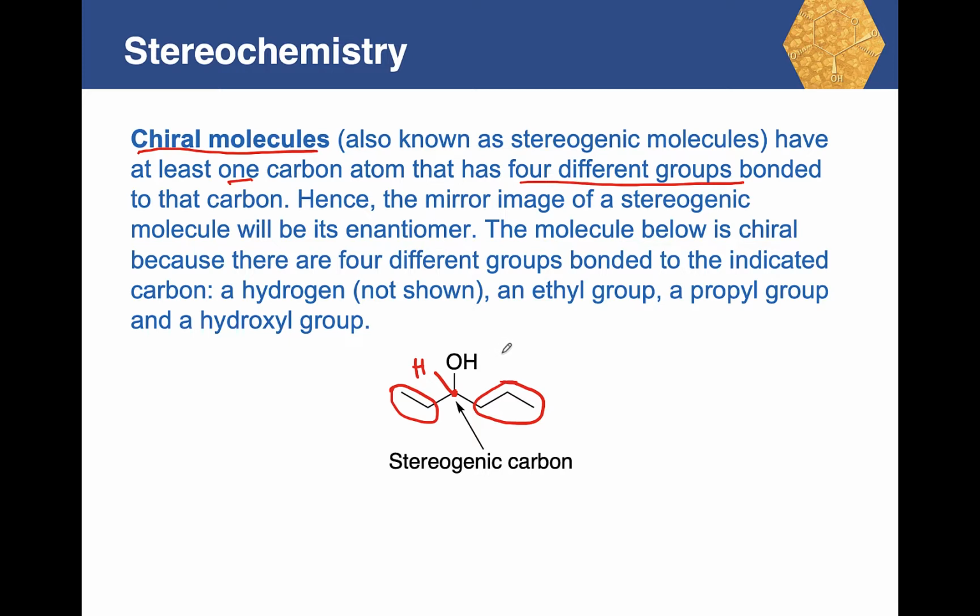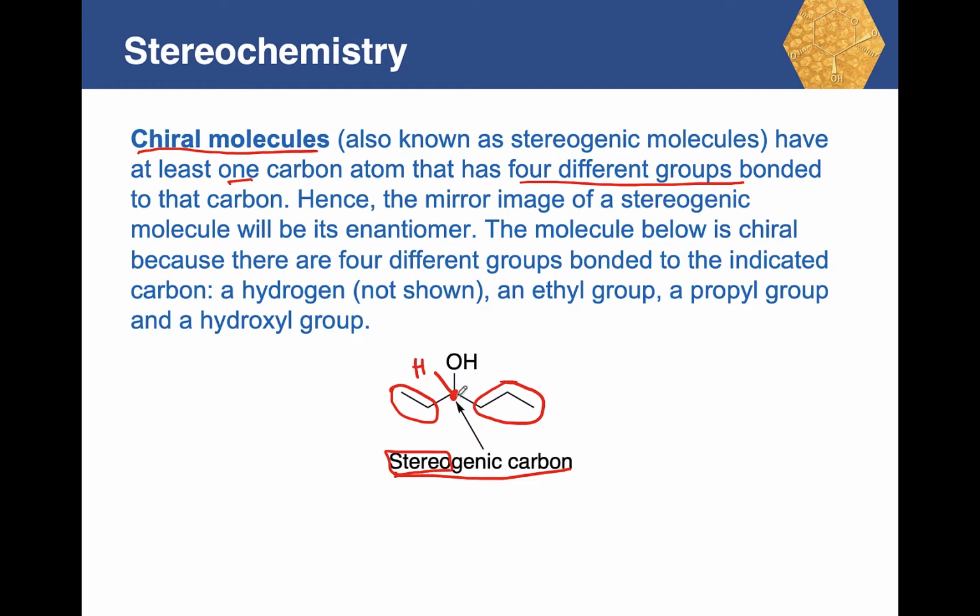The term that's used to describe this carbon that has 4 different groups is a stereogenic carbon. If you break down the word, you will see that stereo means orientation in space, and of course stereogenic means the orientation of this particular carbon, the groups that are oriented in space that are bonded to this carbon.